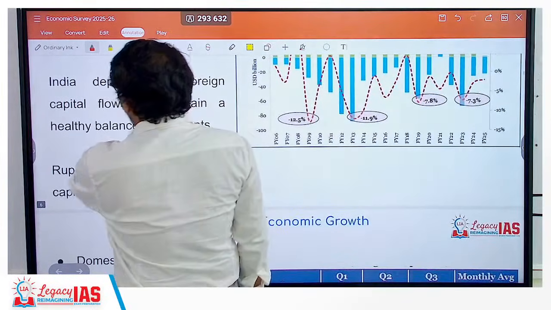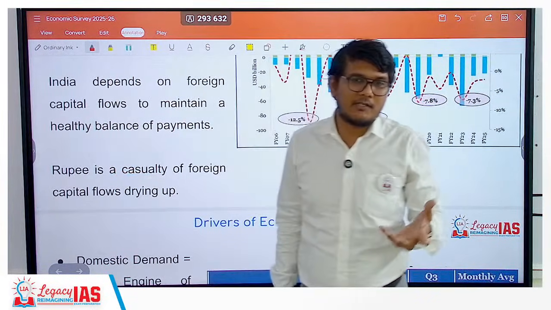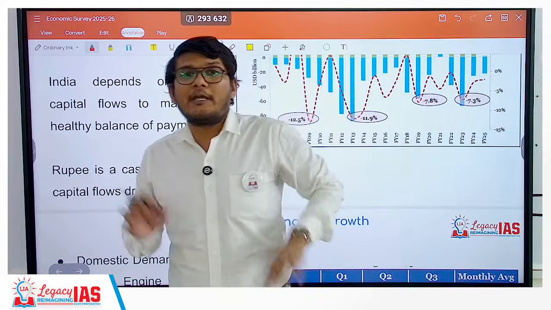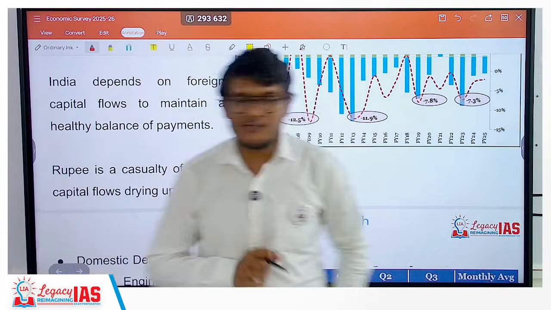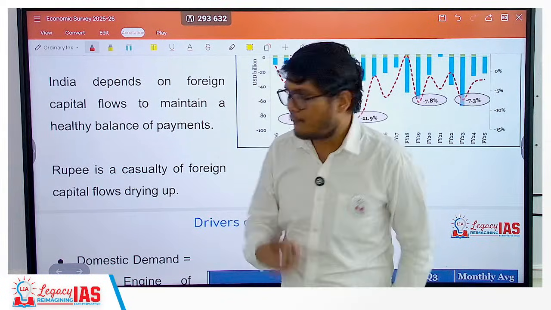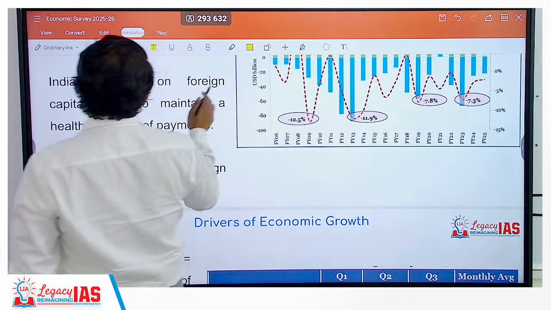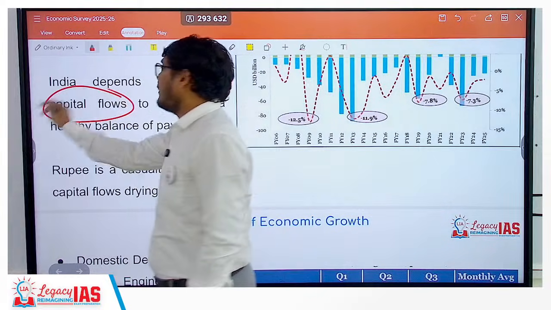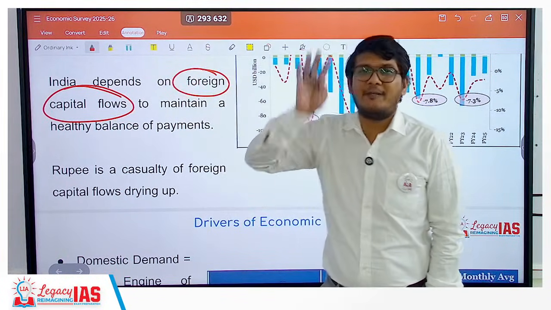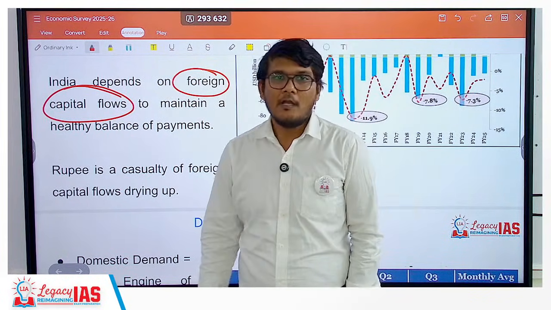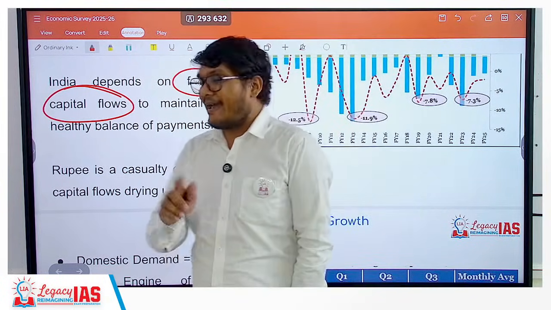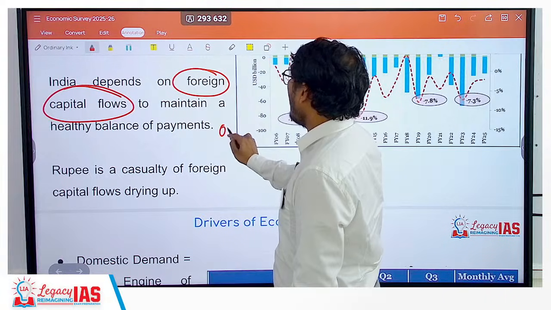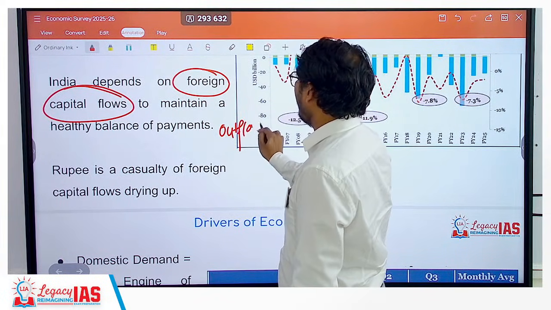So as far as trade is concerned, India is not doing well with respect to earning dollars from the trade of goods and services. So where do we earn it from? We depend on foreign capital flow, the foreign investments that come into India. Now, in the last year there has been a huge capital outflow from India.